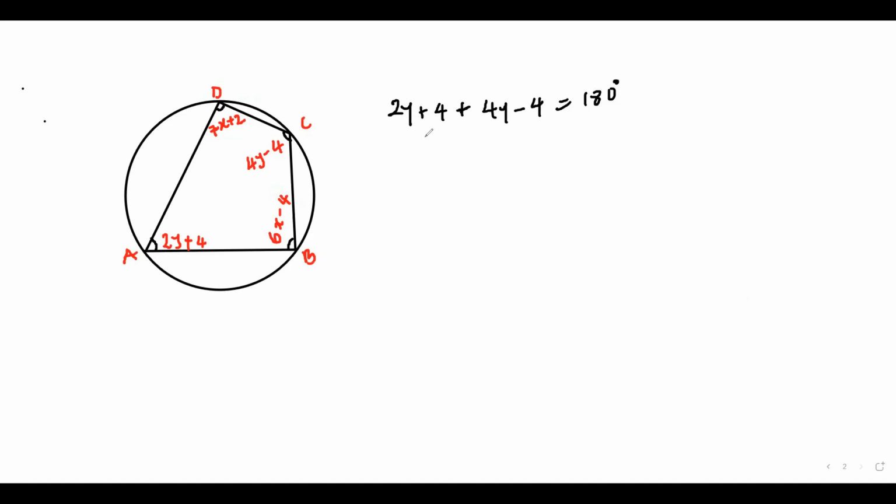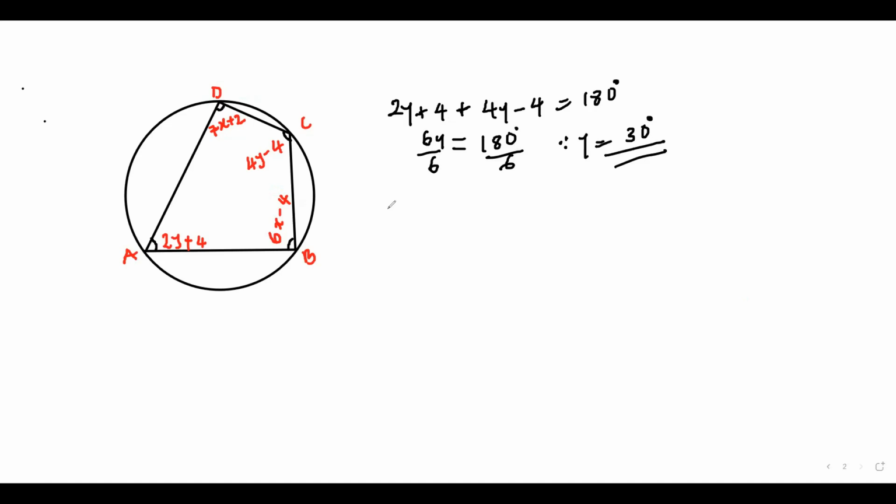So 2y plus 4y gives us 6y. And we have positive 4 here and negative 4 here, so if you put them together, it's 0. So equate everything to 180. You divide both sides by 6, and therefore our y is equal to 30 degrees. So we're done with that part.